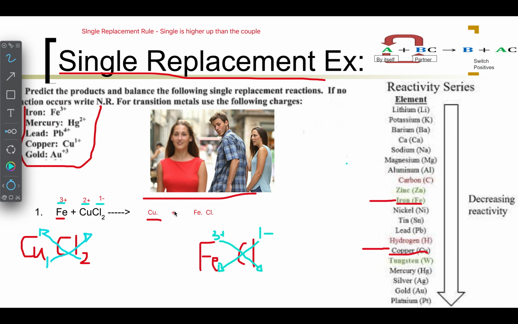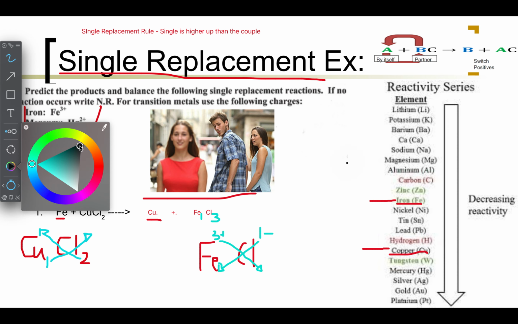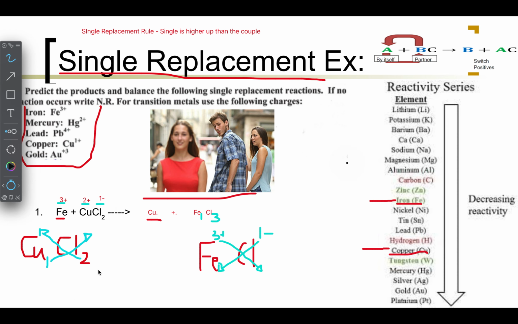So what that will end up being is Fe1Cl3, right? Okay, so then we're going to write our new equation down here at the bottom, and let's do black just for fun.